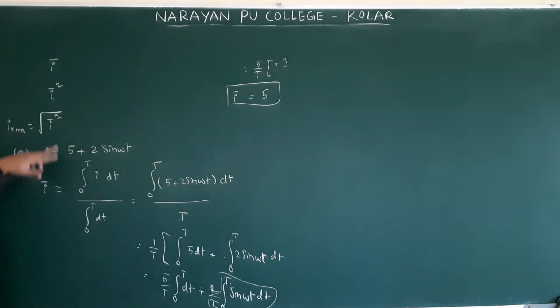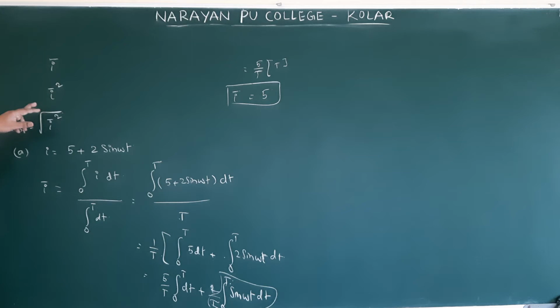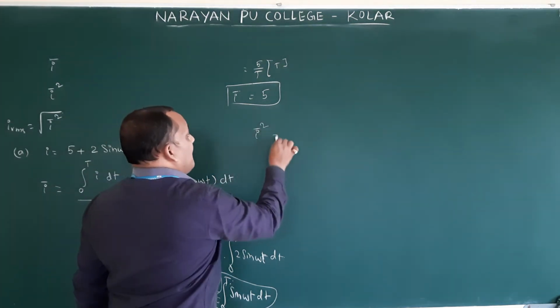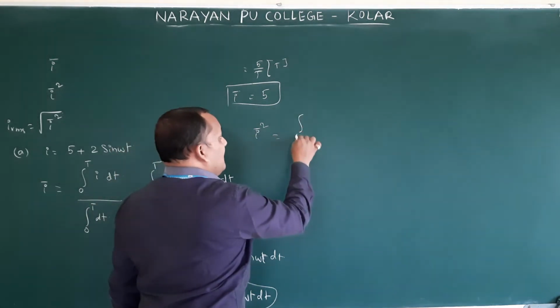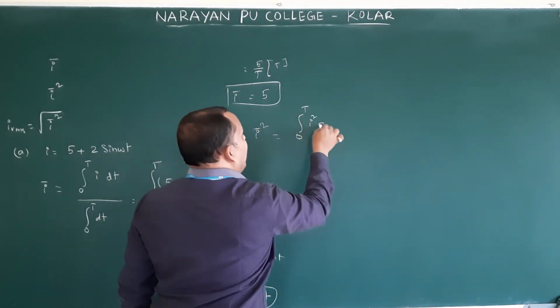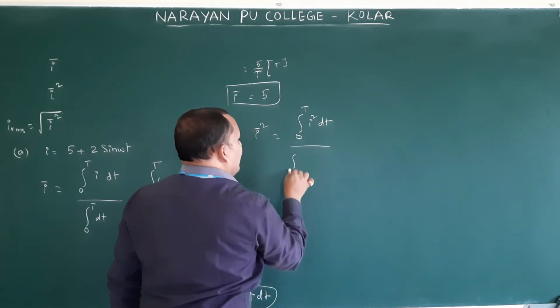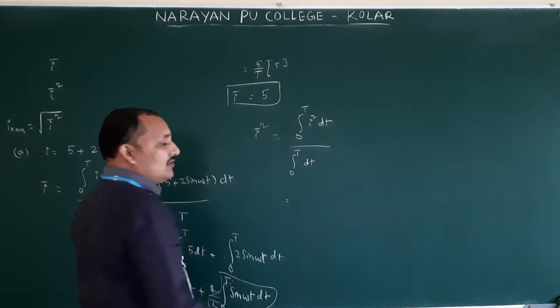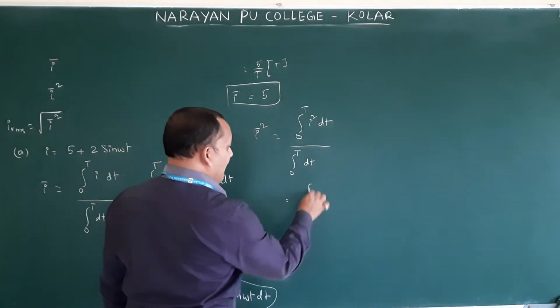Okay, now we will see mean square. Mean square means I bar square. So I bar square is going to become integral I square dt by integral dt. Correct? Mean square is equal to 0 to t I square dt by 0 to t dt. 0 to t dt value is going to become t.